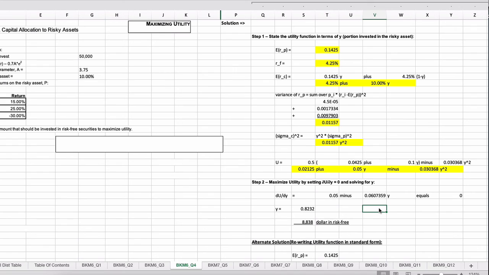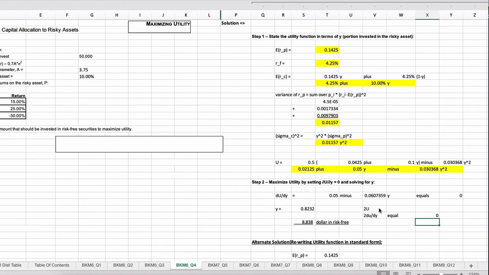Let's pause here a little bit. Recall in the first solution, we would write the given utility function as 2u equal to the standard utility function format. Taking the derivative of 2u, it would be 2 dU/dY, and we set it to 0.